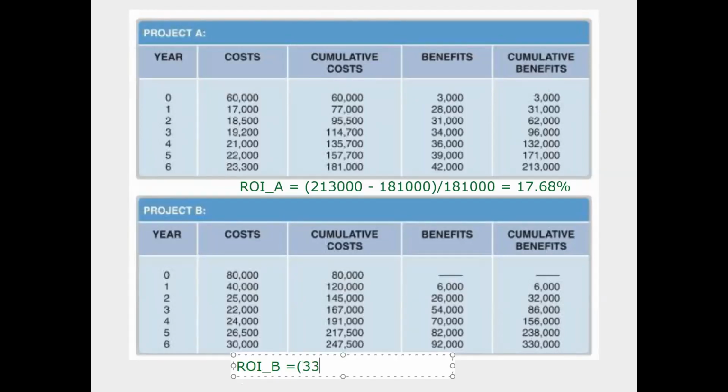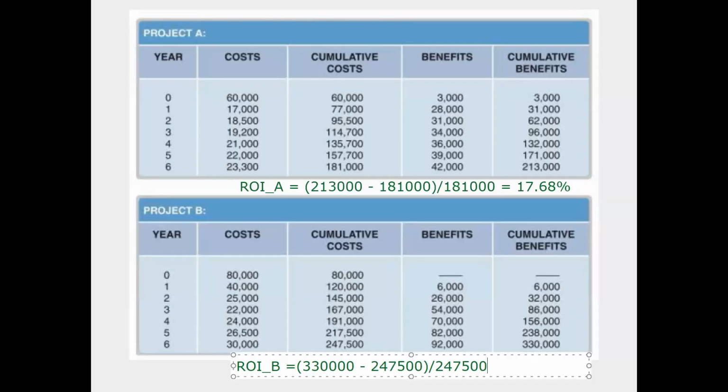That's 330,000, the total benefits, and the total cost is 247,500. That's the cost, divide by 247,500.